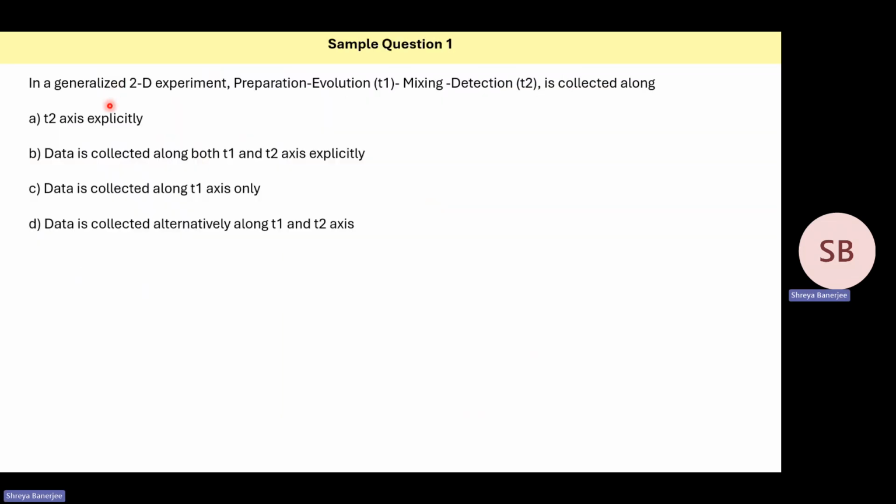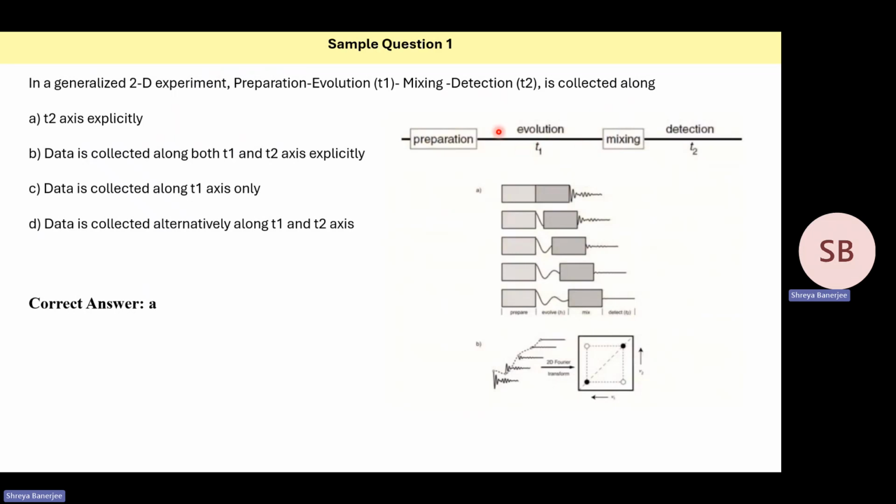So one problem was that in a generalized 2D experiment, preparation, evolution, mixing, and detection, where is the FID collected? If you remember the schematic diagram of the 2D, the preparation time was the initial 90-degree pulse. The evolution time T1 was the time in which you are allowing the magnetization to evolve.